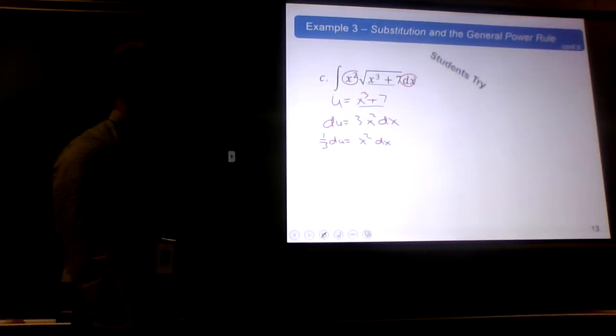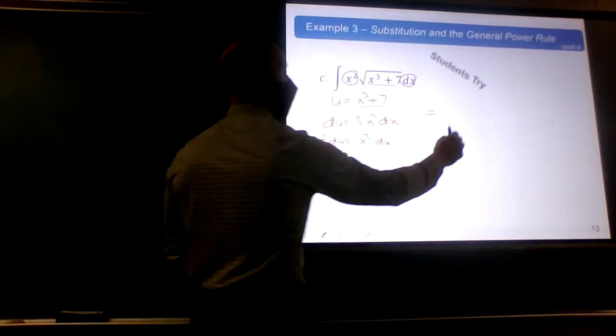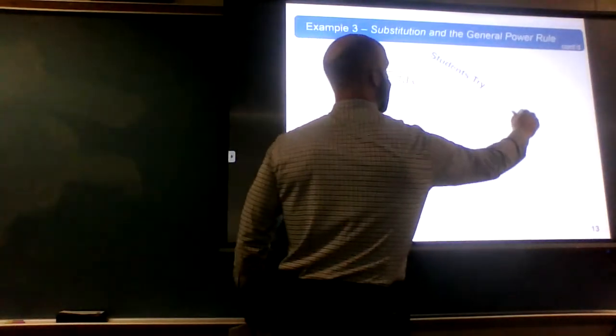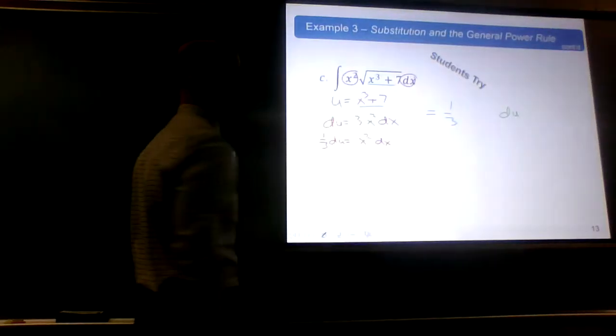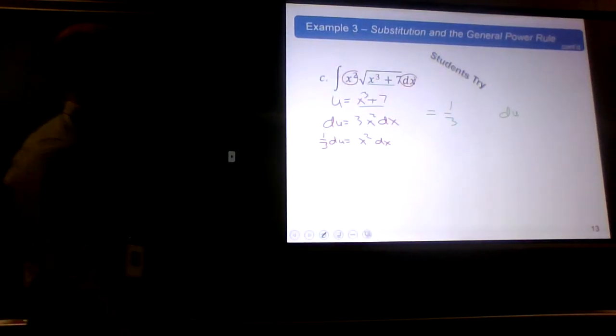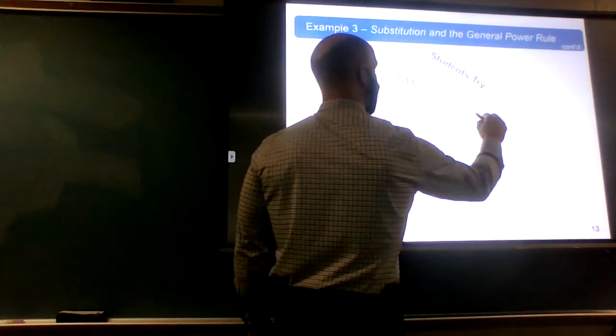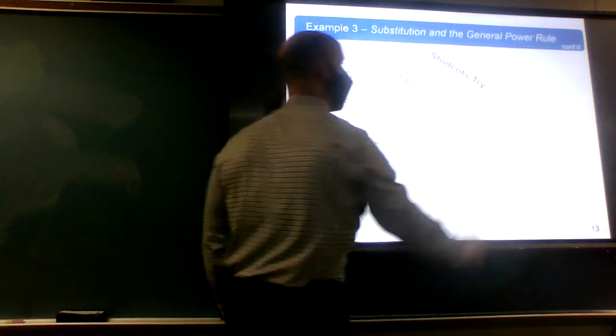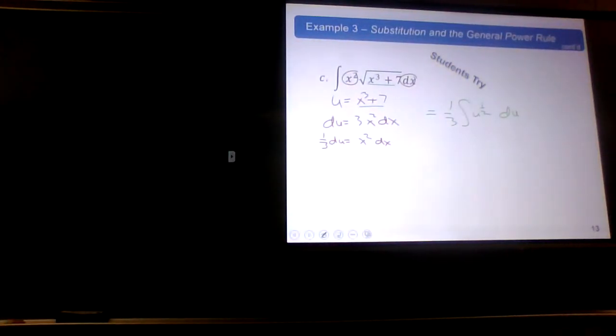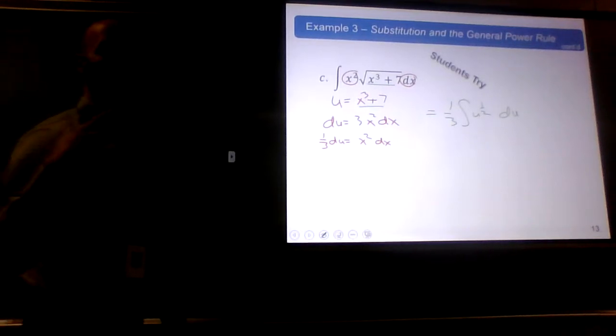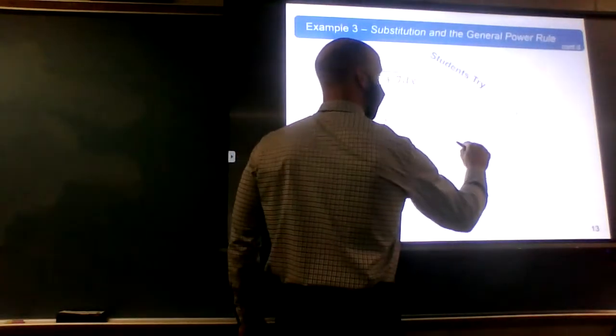In other words, this integral is going to change to 1/3 du. That's what I'm putting in for the x squared dx. Integral of u to the 1/2. Hopefully you guys remember we did an example earlier with an exponent of 1/2 from the square root. Same idea. Now we're going to use our power rule. So if I add 1 to 1/2, I get 3/2.